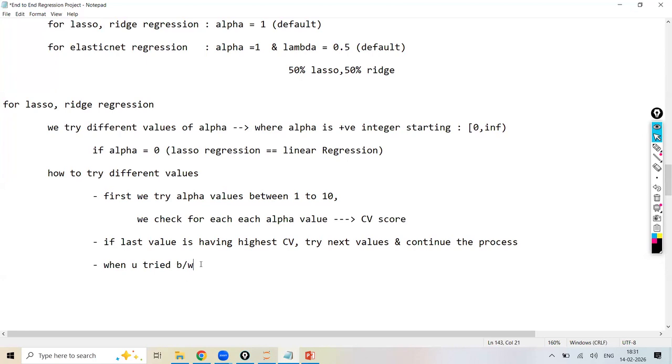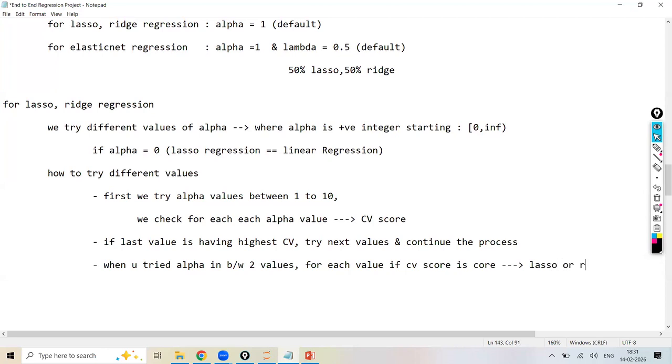And when you try alpha in between two values, for each alpha value, if the CV score is the same, if for each alpha the CV score is same, now in this case lasso is not working.